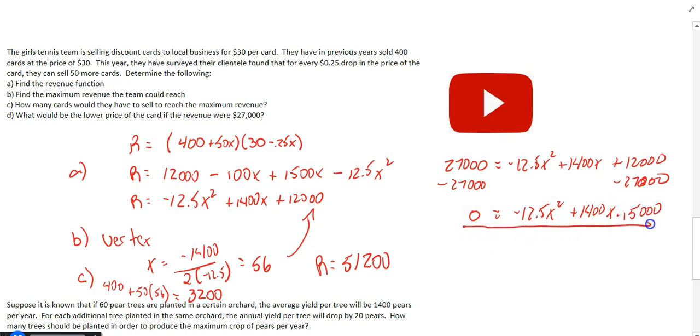And then I'm going to divide everything by negative 12.5. So 0 is going to equal x squared. Okay, let's see. I hope it goes in evenly. 1400 divided by 12.5 is 112. So minus 112x. And then 15,000 divided by 12.5 is 1200. So it does. Perfect.